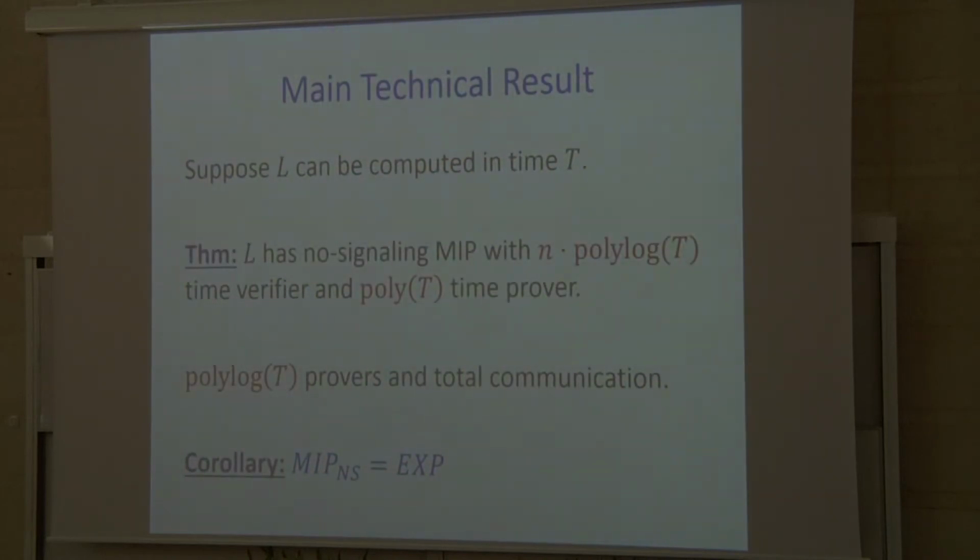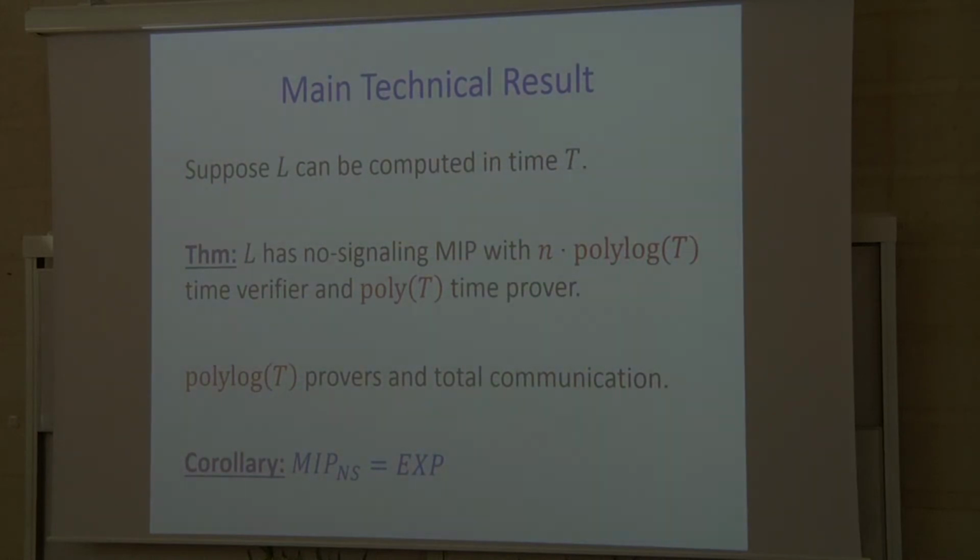So this is our main technical result, which says that, suppose we have a language L that you can compute in time t, then we construct an MIP with no signaling soundness, where the verifier runs in time n times polylog t, and the prover runs in time poly t. The number of provers is polylogarithmic in t, so if we're talking about t that is exponential, then we'll get a polynomial, and also the communication is polylog t.